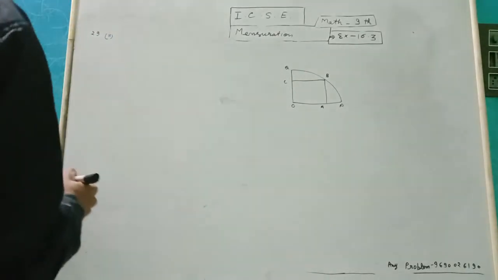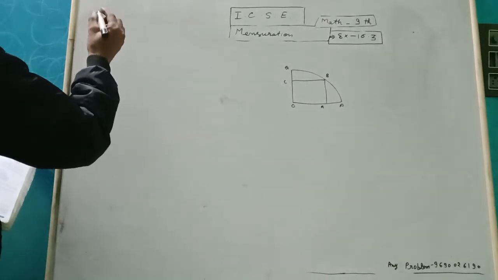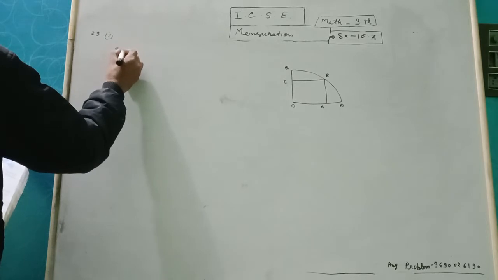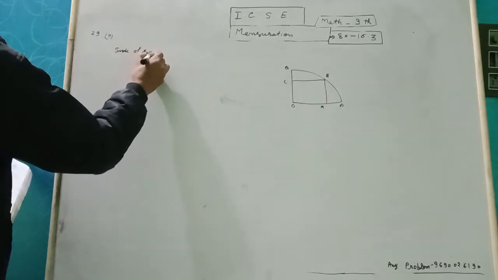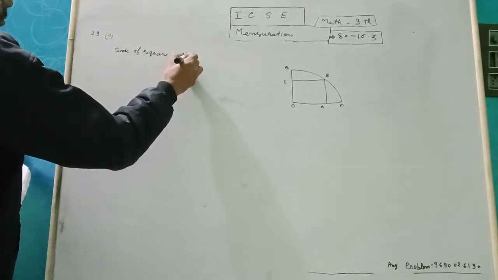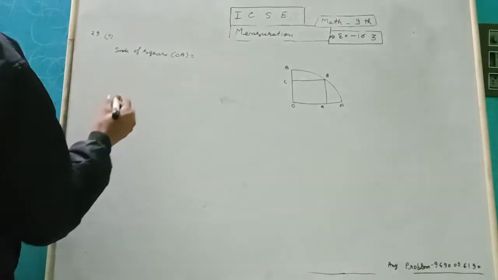OAB is a square. Side of square OA is equal to 20 cm.